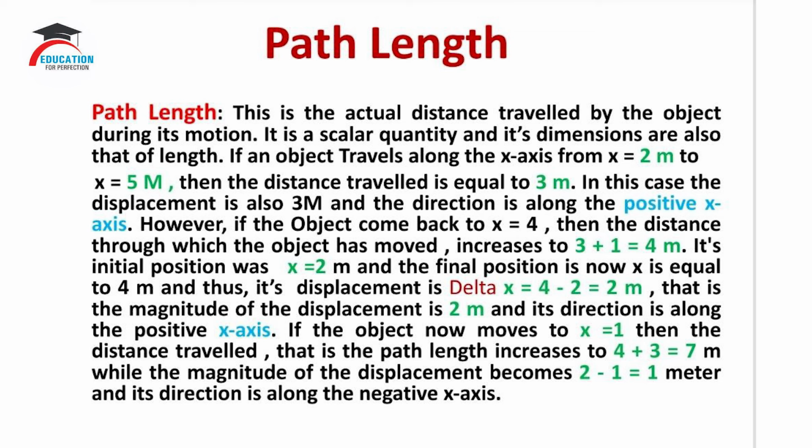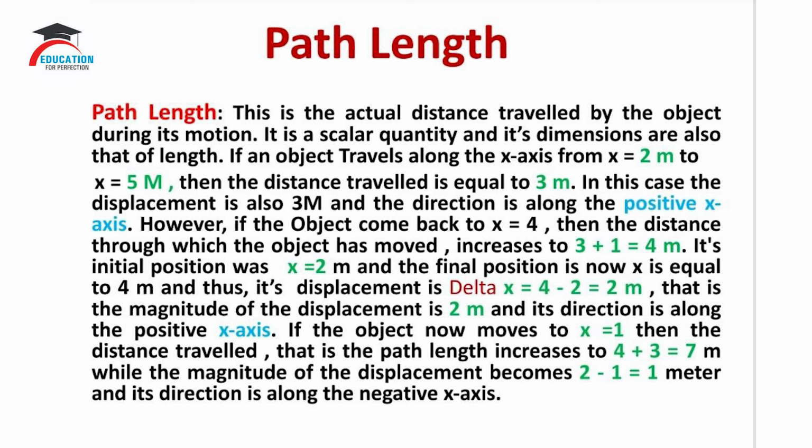Its initial position was x equal to 2 meters and the final position is now x equal to 4 meters, and thus its displacement is delta x equal to 4 minus 2, which is equal to 2 meters. That is, the magnitude of the displacement is 2 meters and its direction is along the positive x-axis.